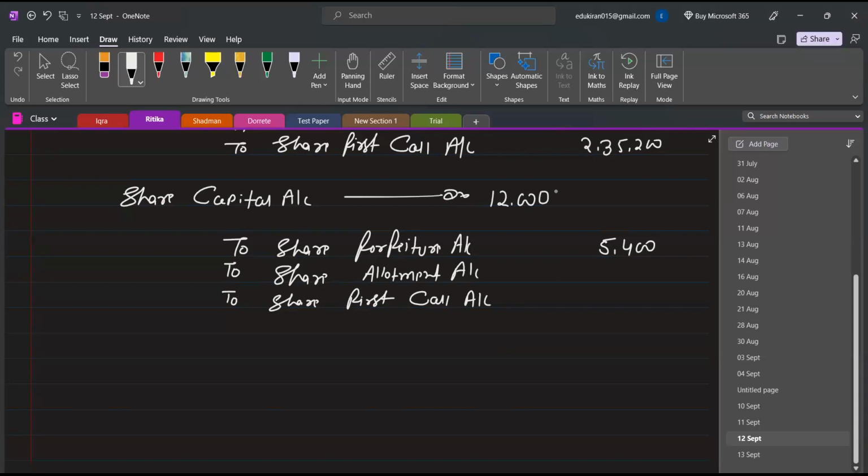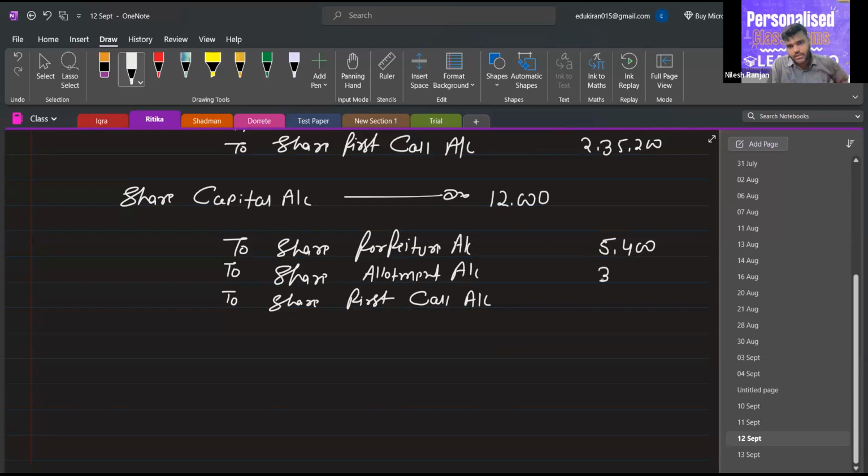Okay, sir. And on allotment, it will be 3,600 and it will be 4,800. Is this correct? Because we have done 1,200 into 3 and 1,200 into 4.